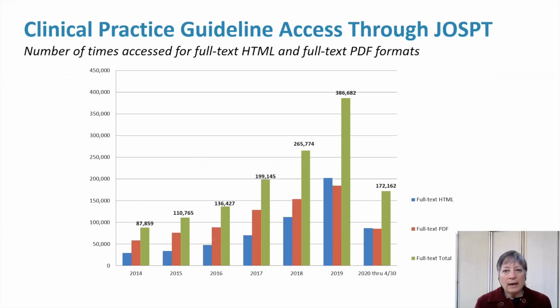If we look at orthopedics in the Journal of Orthopedics and Sports Physical Therapy, the number of page views for clinical practice guidelines has been increasing every year and will reach approximately 400,000 page views in 2020.